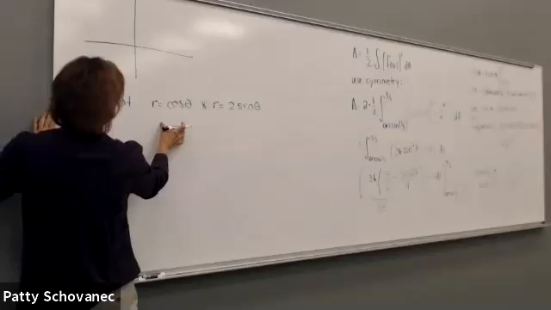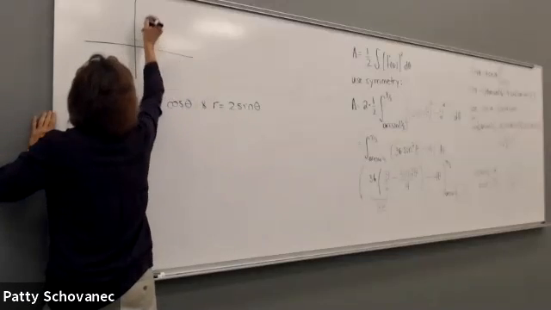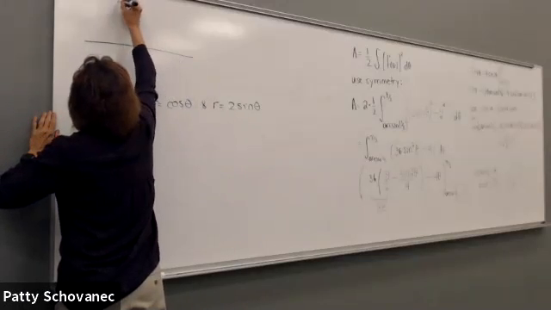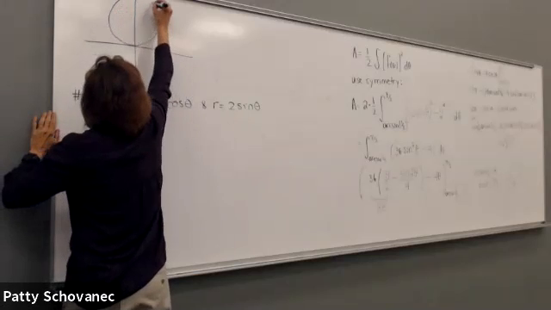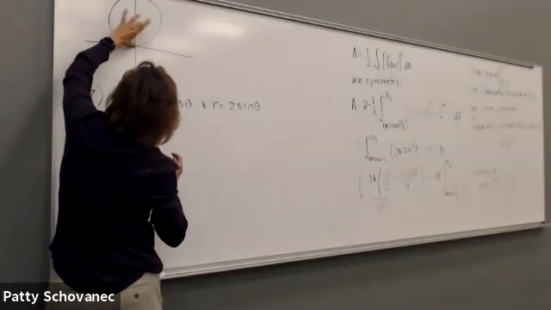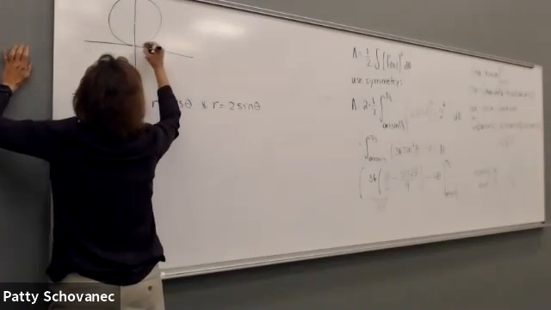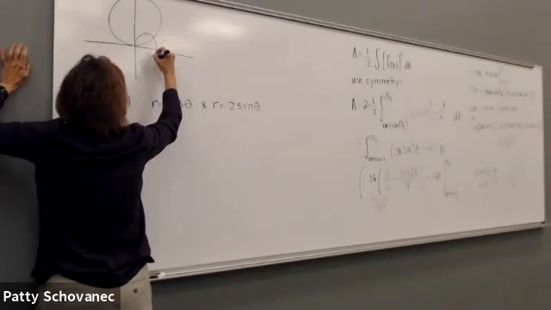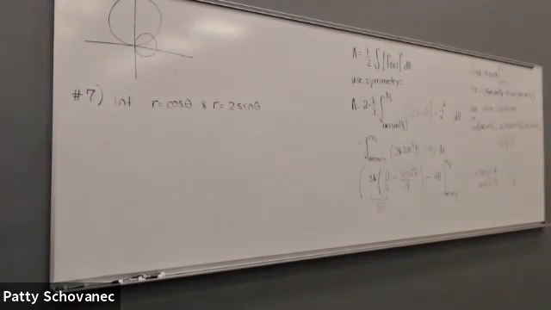The second one is on the y-axis of diameter 2. First one's on the x-axis of diameter 1. And so we want to find the area of that little intersecting area right there.